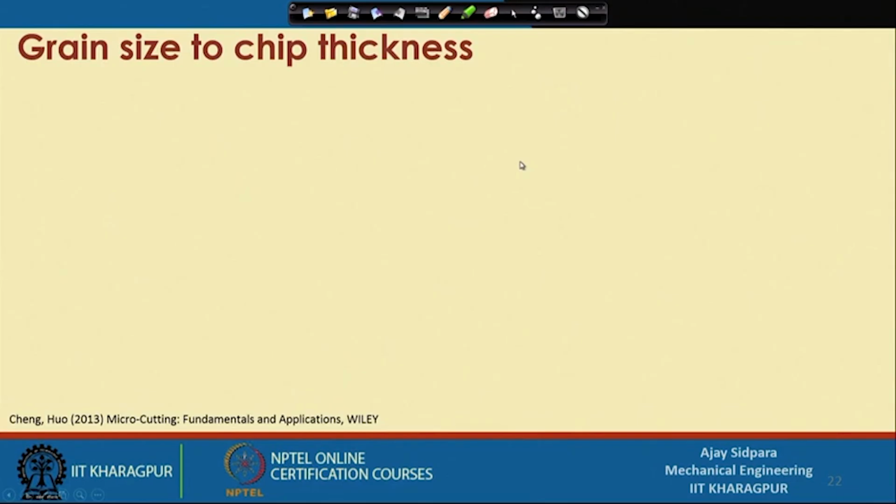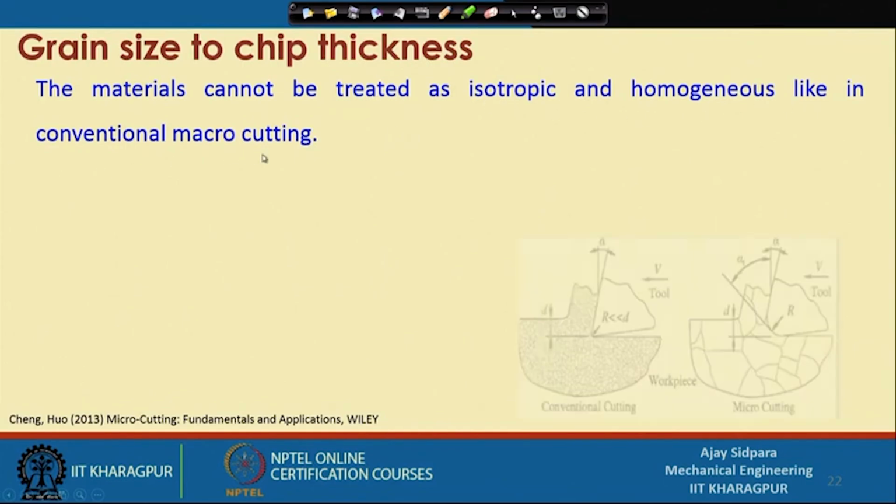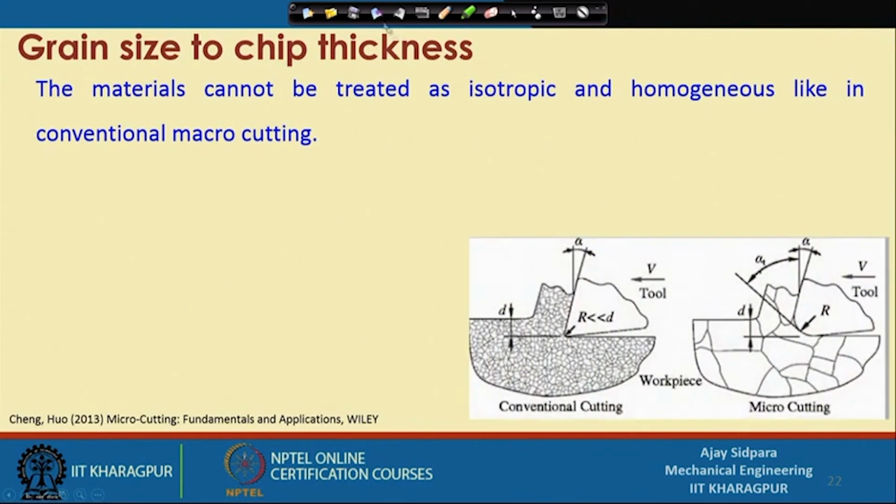Now, let us see the different types of examples with respect to the material and the machining parameters. So, the first one is the grain size to the chip thickness. Material cannot be treated as isotropic and homogeneous like in conventional machining. So, now this is the example.